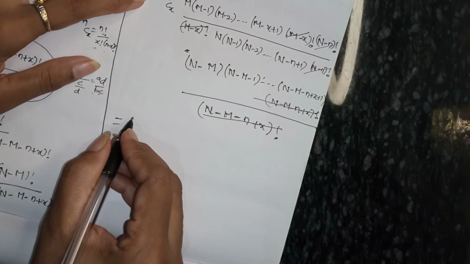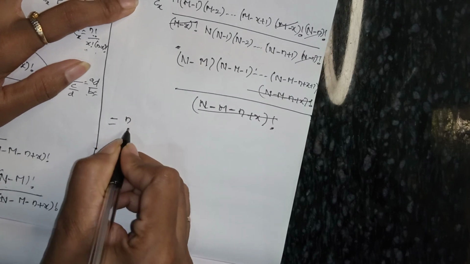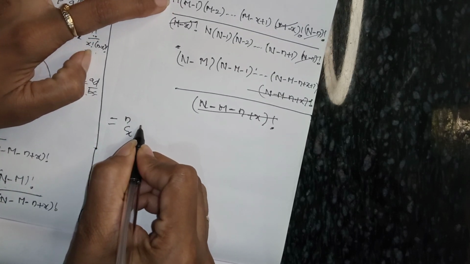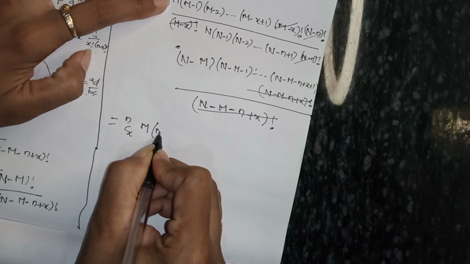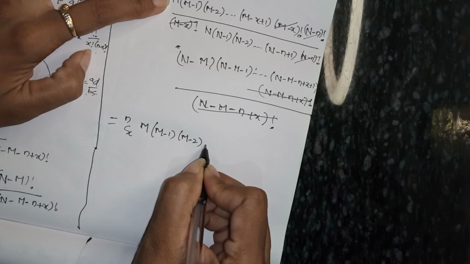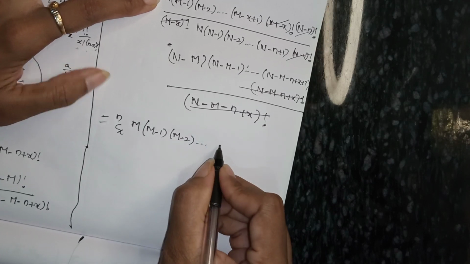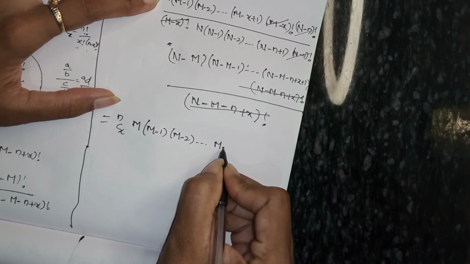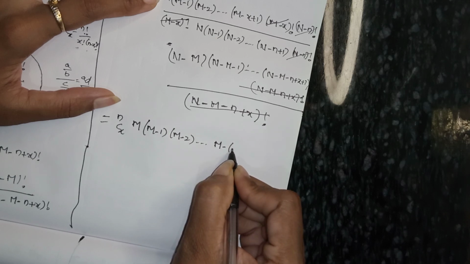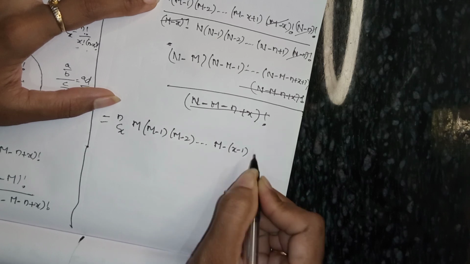The rest of the term is NCX here m minus 1, m minus 2 and so on, m minus x minus 1 we can write now.